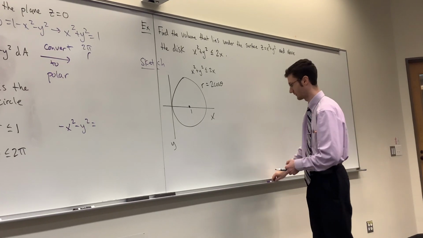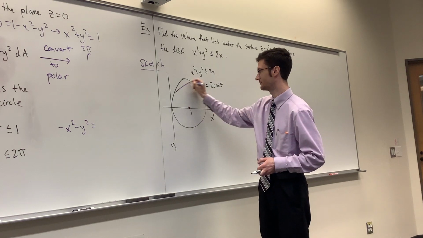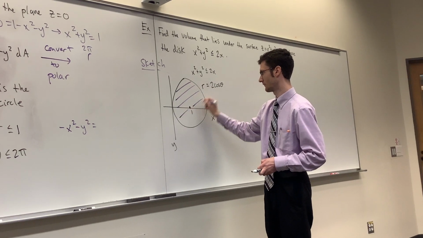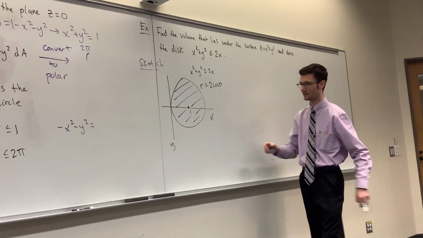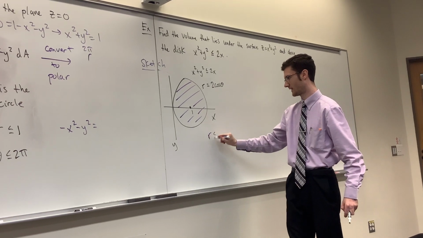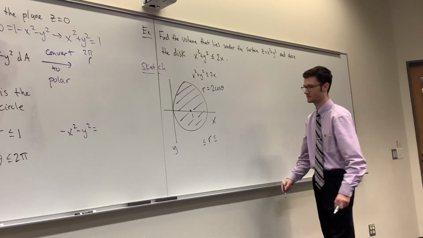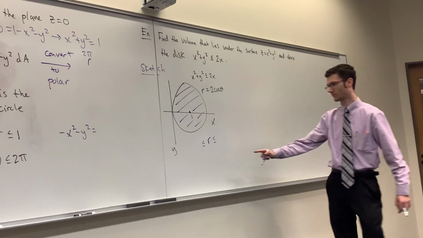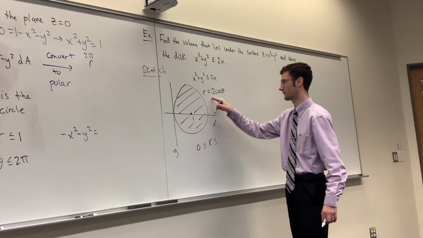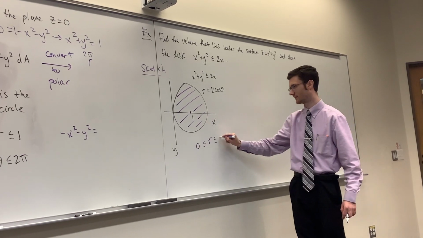We're integrating over this whole region, so if we want to describe it in polar, what bounds do we put on r? Yeah, 0 up to 2 cosine theta.